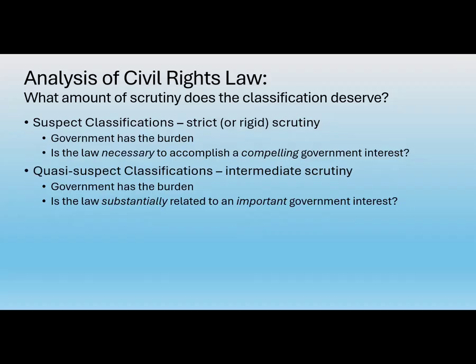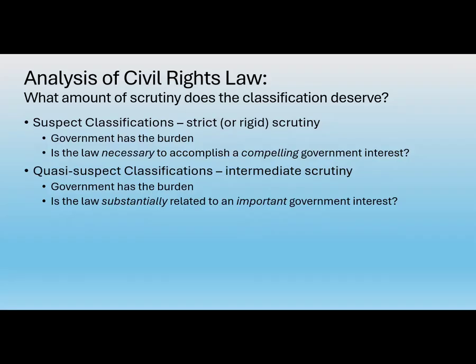We haven't been perfectly consistent in the application of intermediate scrutiny because attitudes towards the role of women have changed so much. And the VMI case that's discussed in your textbook is a really good example of some of the more modern ways that we are looking at gender classifications.